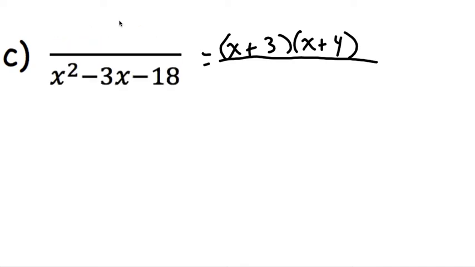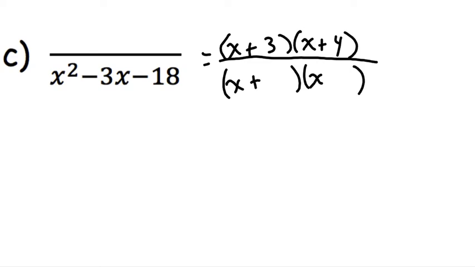Then we go to our denominator. Okay, what two numbers will multiply to give me negative 18 and add to give me negative 3? And again, think of it this way. If you're stuck on some of these problems, this is one thing that you can do to help you. Which of these numbers, 3 or 4, divides into 18 evenly? 3.